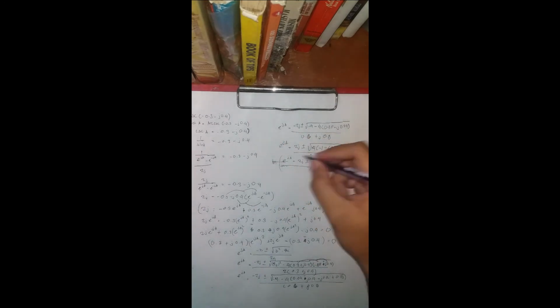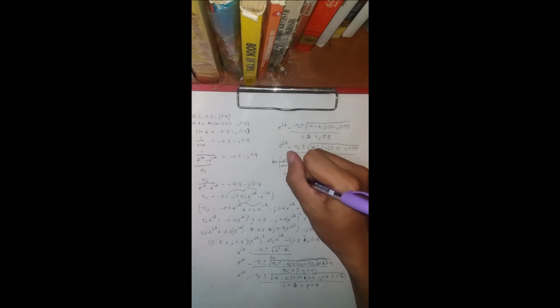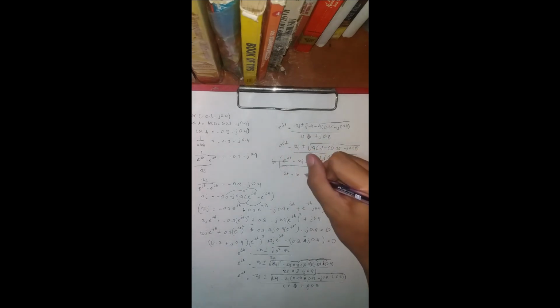This will be 1j. Okay, so we have ja equal to ln of 2j plus minus 2 square root of negative 1 negative 0.225 minus j 0.24 all over 0.6 plus j 0.8.